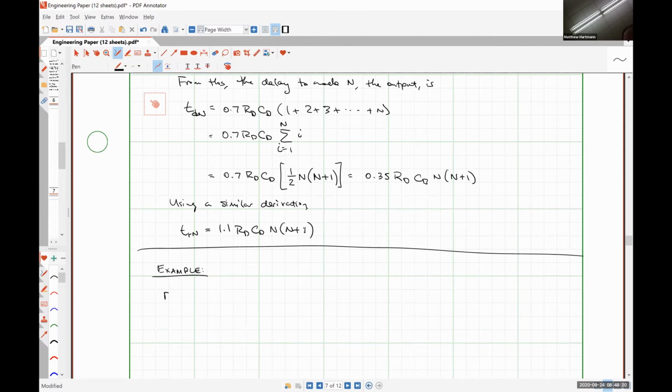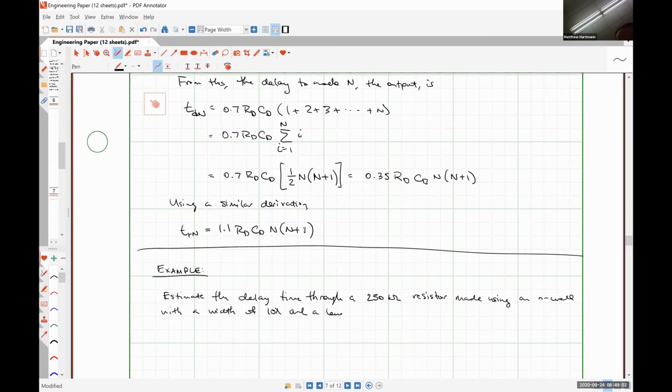So let's estimate the delay time through a 250 kilo ohm resistor made using an N well, with a width of 10 lambda and a length of 500 lambda.